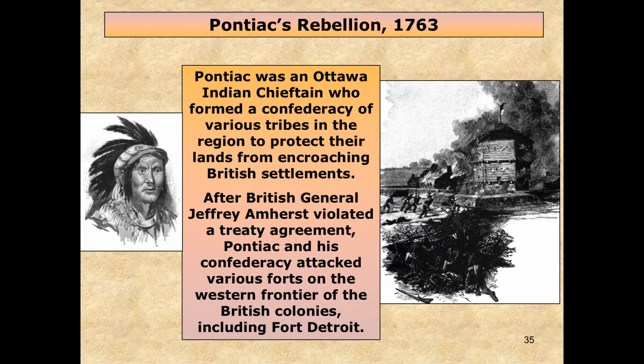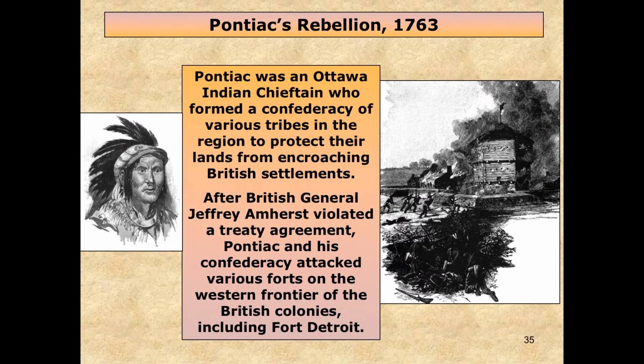So, Chief Pontiac, right here, he's with the Ottawa, and he's going to form a confederacy with various tribes in the area because they hate it that the British are moving into their turf. There's going to be some attacks. There's going to be some fighting breaking out. And even when the British violate terms of their treaty with Chief Pontiac, Pontiac and his confederacy are going to attack forts along this area.